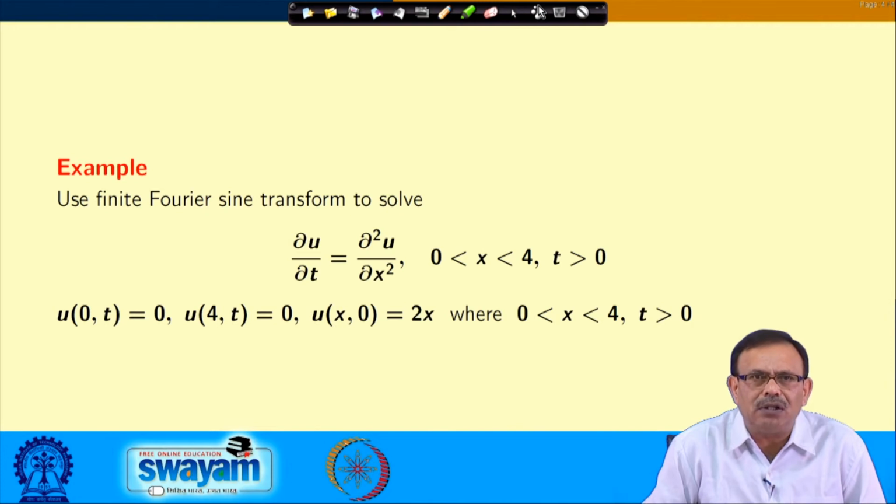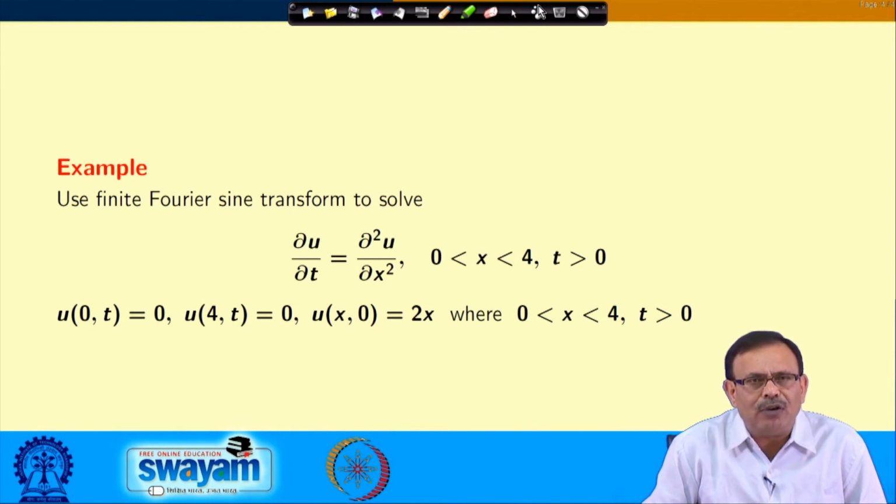Firstly, I cannot take the Fourier sine transform with respect to t, because the range of t is from 0 to infinity, whereas x varies from 0 to 4. So I have to take it with respect to x.